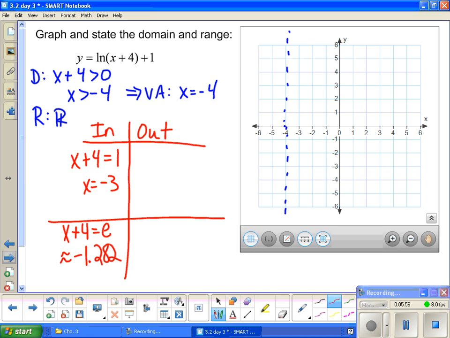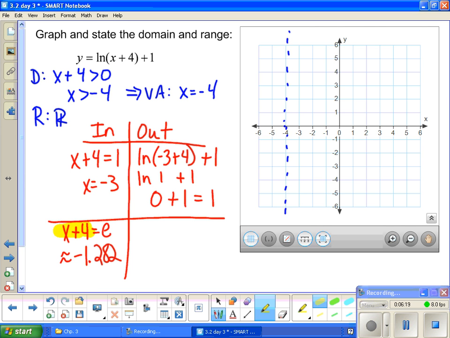So when I look at putting this in, natural log of negative 3 plus 4, plus 1. That's a natural log of 1 plus 1, which is 0, plus 1 equals 1. This one's a little trickier. What I'm saying is that my x plus 4 of my function is equal to e. So I can go ahead and just say x plus 4 is e.